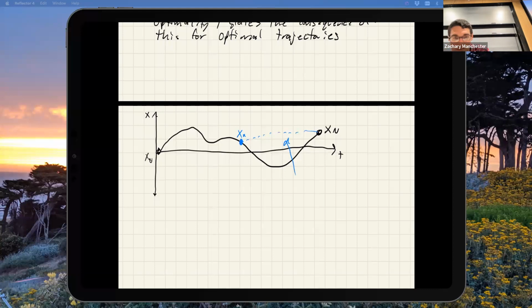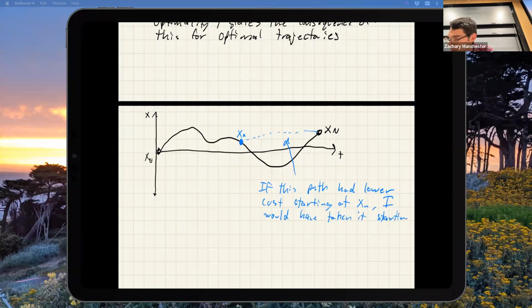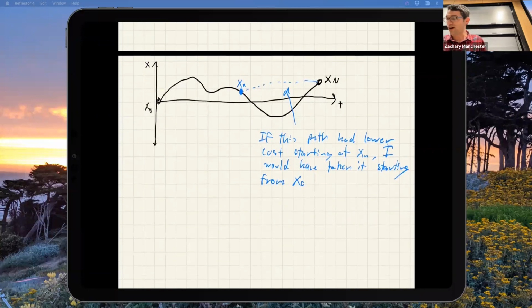So I will write this. If this path had lower cost, starting from xk, I would have taken it on the bigger problem. Okay, sort of obvious.